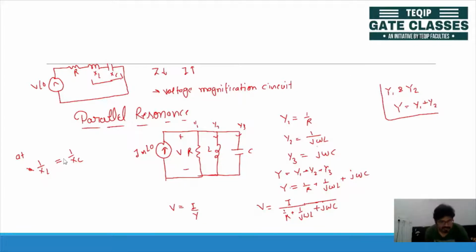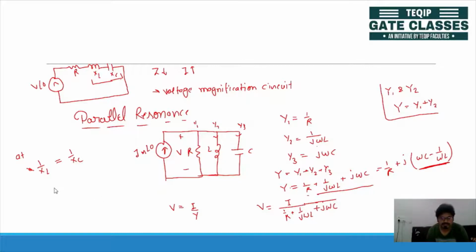So the combination which you are writing here, you can also write as 1 upon R plus j, taking j as common, omega C minus 1 upon omega L. This term will be 0 at resonance.